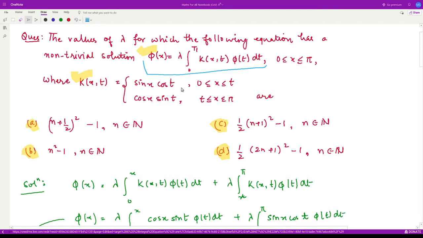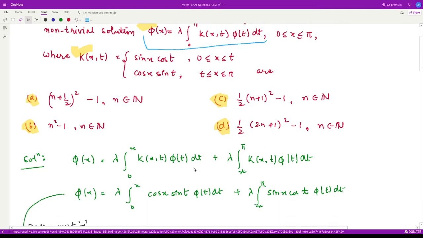The kernel is given to us with its value defined in the intervals 0 to x and x to pi. So let's break our interval 0 to pi into 0 to x and then x to pi. In the interval 0 to x, the integral is being taken over the variable t, so here t is less than or equal to x, and we take this value of the kernel.